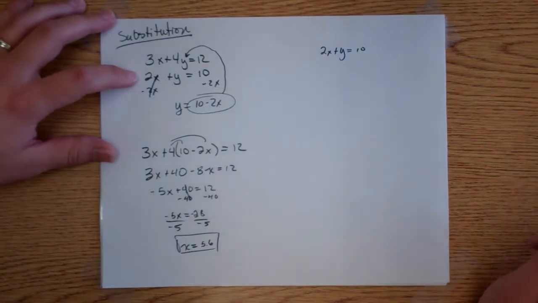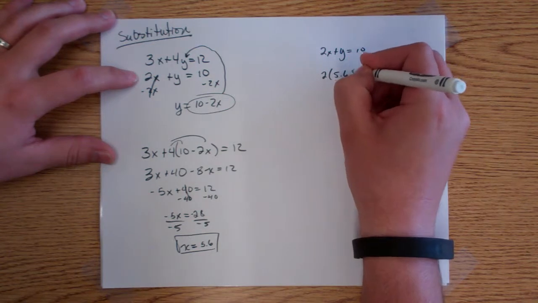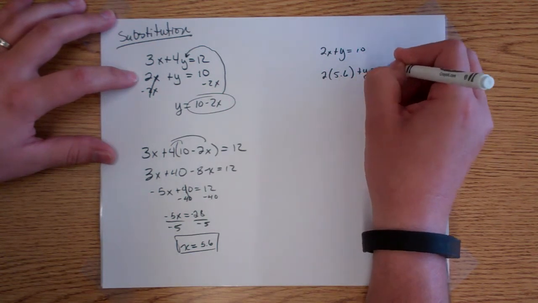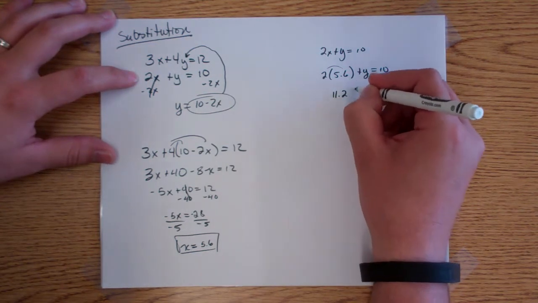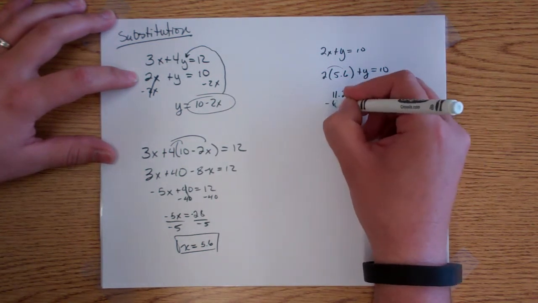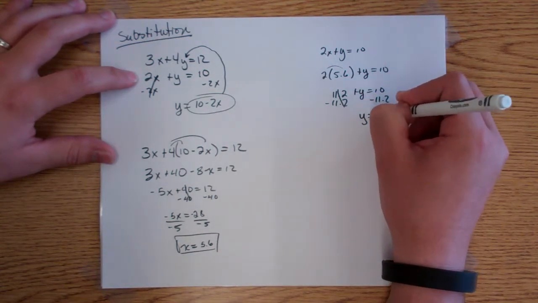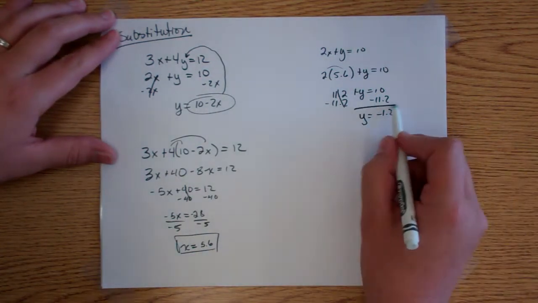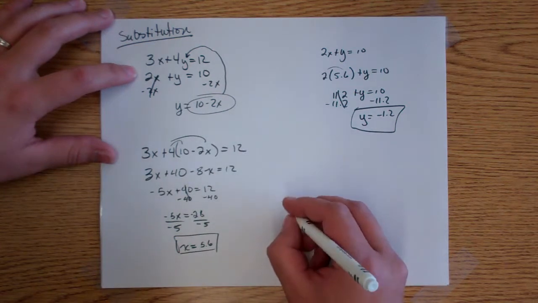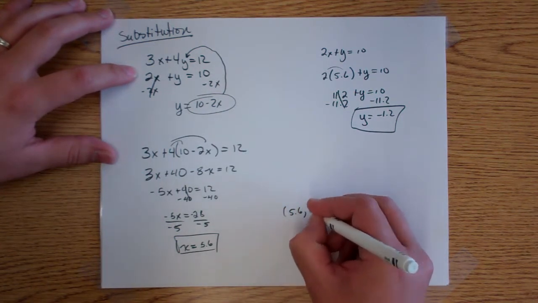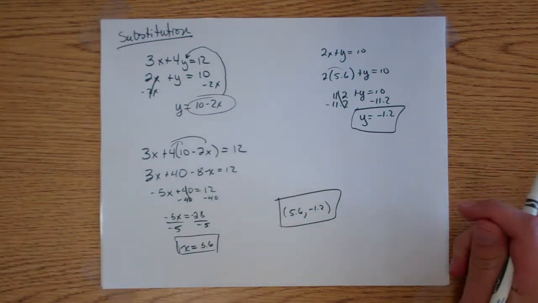So 2 times 5.6 plus y equals 10. 2 times 5.6 is 11.2 plus y equals 10. Minus 11.2 from both sides: y equals negative 1.2. So the solution would be 5.6 comma negative 1.2.